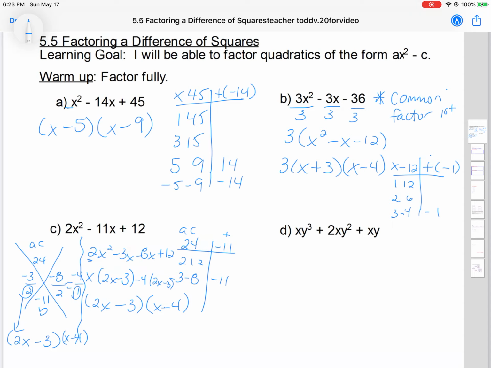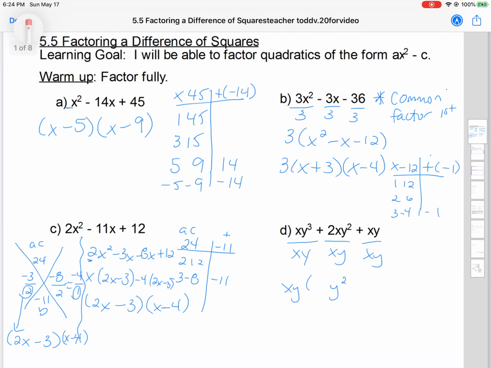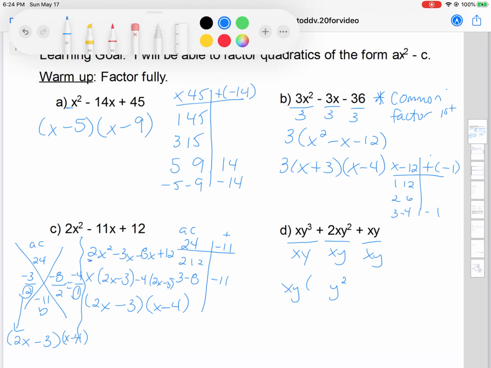This one's a little bit wacky over here, but let's see what our common factor is. When you have variables, you always want to look for the one that has the lowest exponent, so that's going to be x. And for the y, there's y cubed, y squared, and y, so y is the lowest. Oops, sorry, there's no x there.